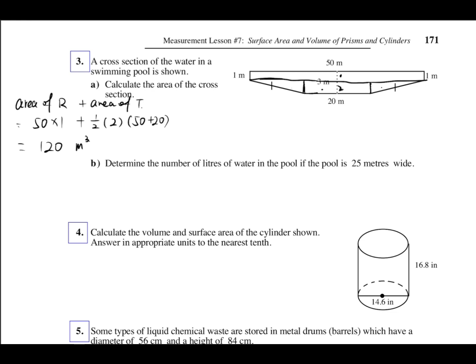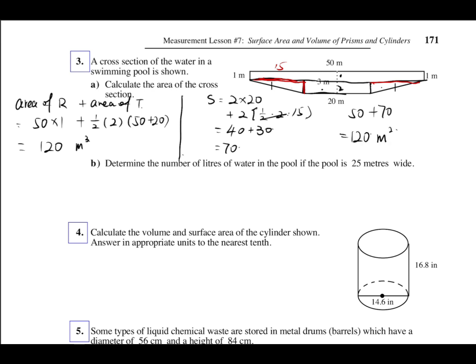For the rectangle, the area is 2 times 20, plus 2 triangles, so it's 1/2 times the height 2, and this part is 50 minus 20, then divide by 2, since 50 minus 20 is this side plus this side, and then divide by 2 for each one, so it's 15, so it's times 15. So it's 40 plus 30 is 70, and then we put them together: 50 plus 70 equals 120 meters squared, so this is square.